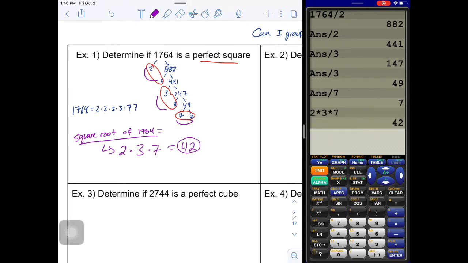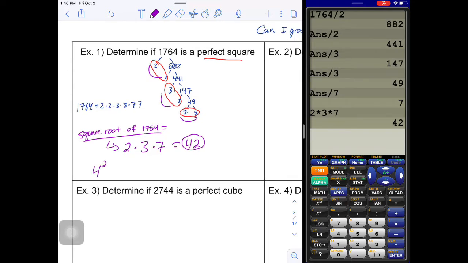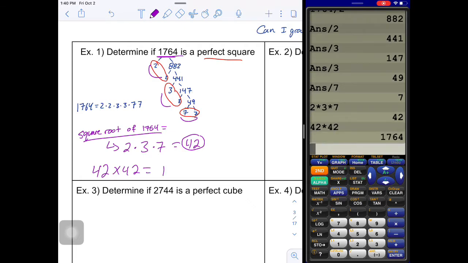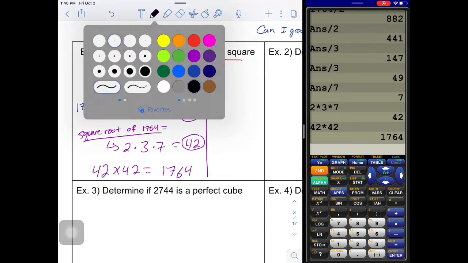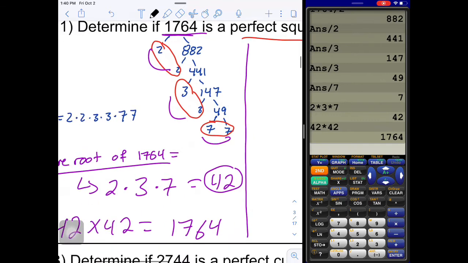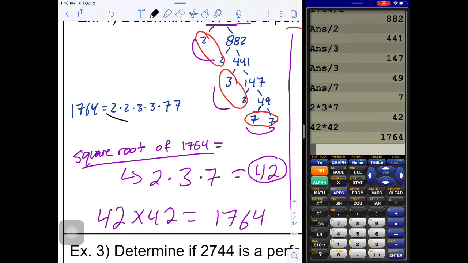So let's check. That means 42 squared, 42 times 42, should equal 1764. Let's check that on the calculator, and it sure does, 1764. The reason that's happening is, we can represent all of this as 2 squared times 3 squared times 7 squared.